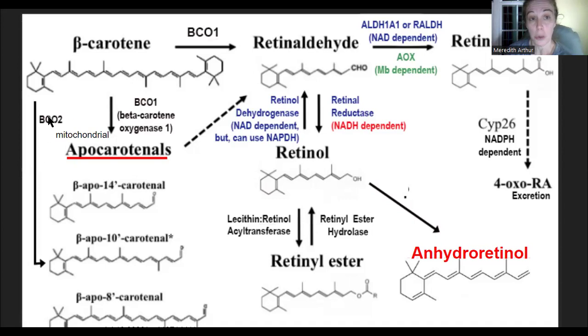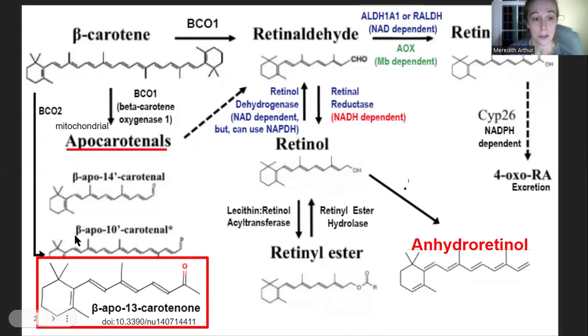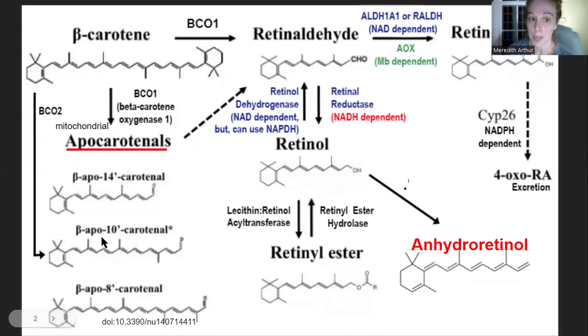So it also metabolizes beta carotene, and one of the metabolites is beta-apo-10'-carotenoid. And this one is a metabolite that was in the quantum mechanics study on retinol or retinoids, and it has been shown to act like anhydroretinol in the PKCδ signalome. So that's important to know.